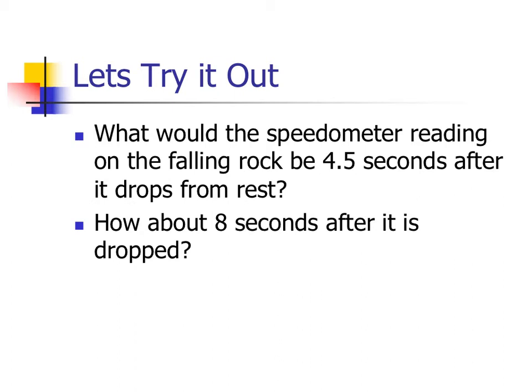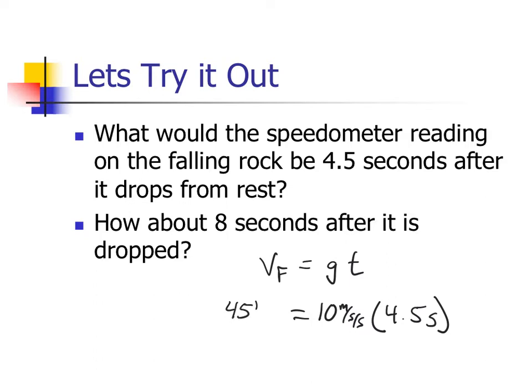Well, utilizing G times T, we can use 10 meters per second squared times 4.5 seconds to give us a final velocity of 45 meters per second.